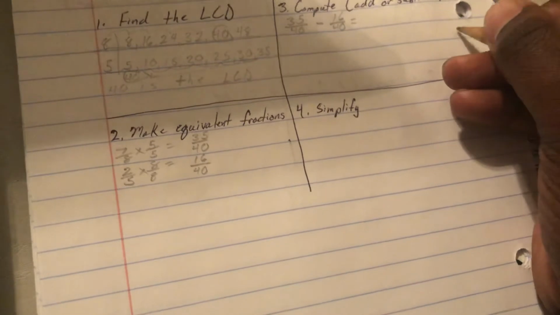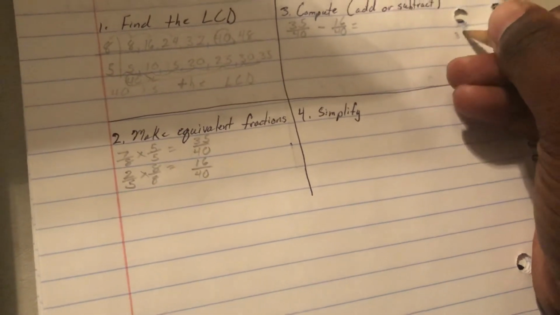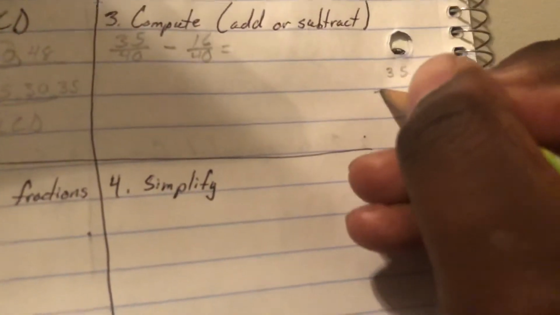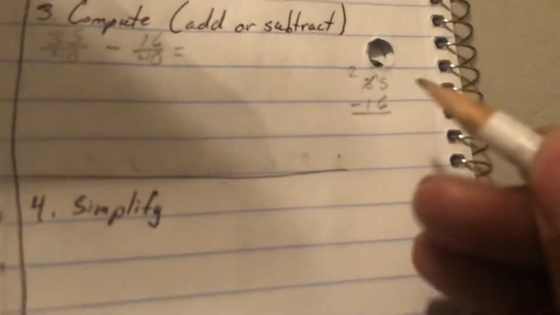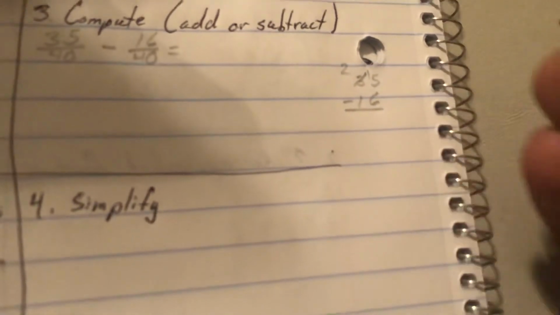If you need room, go to the side. I'm going to use 35 over here, minus 16. Now I know I can't do 5 minus 6. I have to regroup. My 3 becomes a 2. My 5 becomes a 15. 15 minus 6. It's okay to count in your head. My strategy is to get the number 6 and count up till I get to 15.